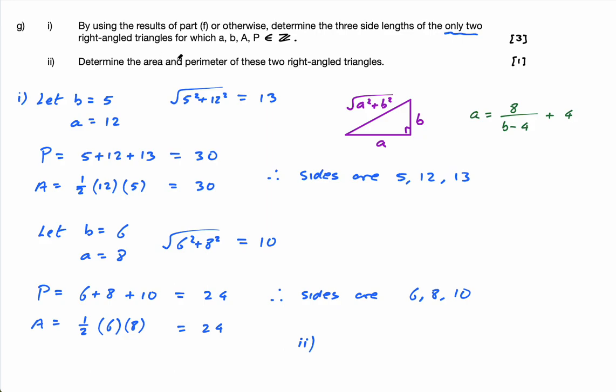Okay, determine the area and perimeter of these 2 right angle triangles. Well, I've done that in part I, but let's just write down the answer here. It's only worth 1 mark.